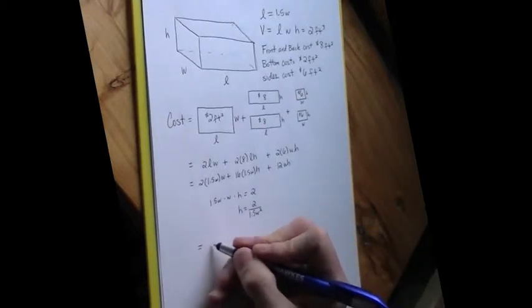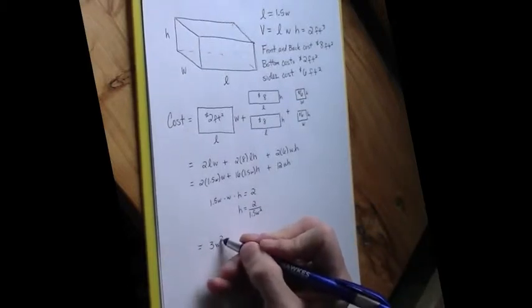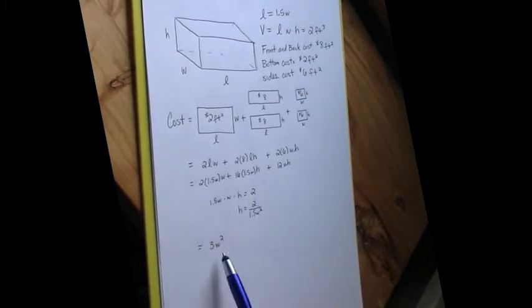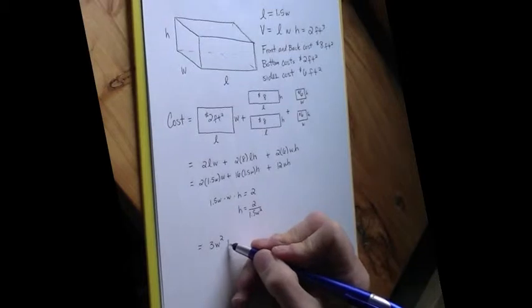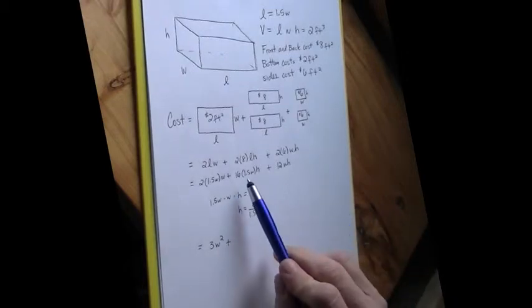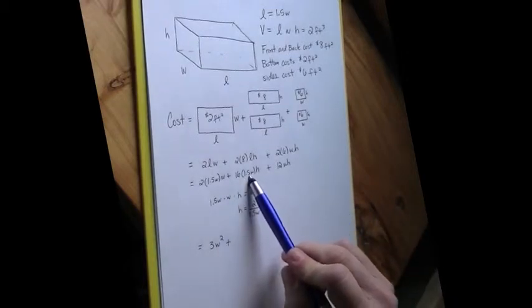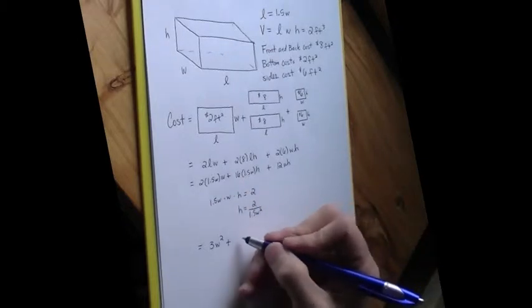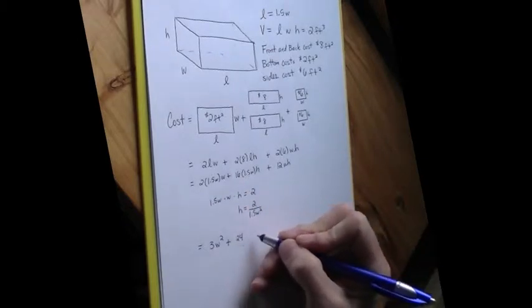So that will give me 3w squared, because 2 times 1.5 is 3, and w times w is w squared, plus 16 times 1.5 is 16 plus 8, which is 24.